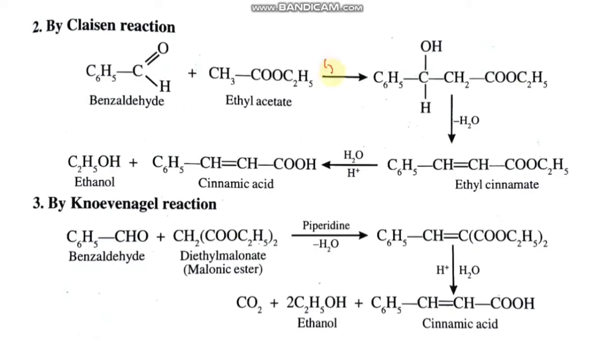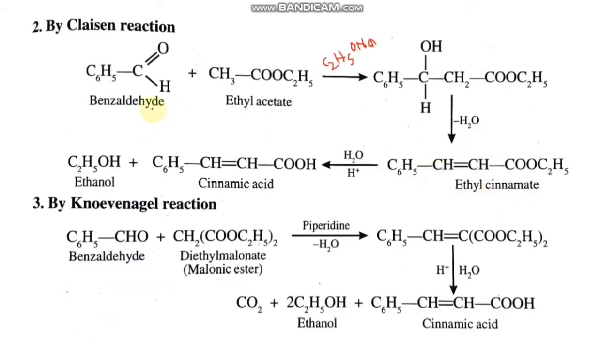Here C2H5ONa is sodium ethoxide. Benzaldehyde is reacted with ethyl acetate in presence of sodium ethoxide, followed by the acid hydrolysis of the resulting ester.